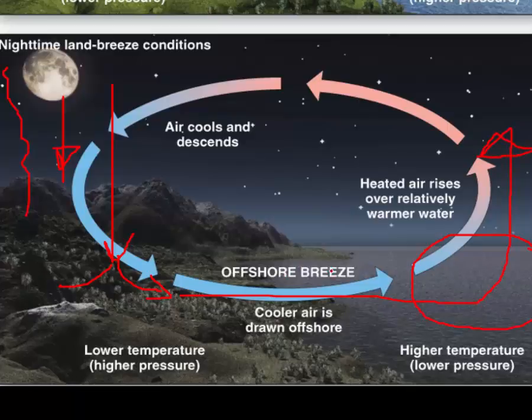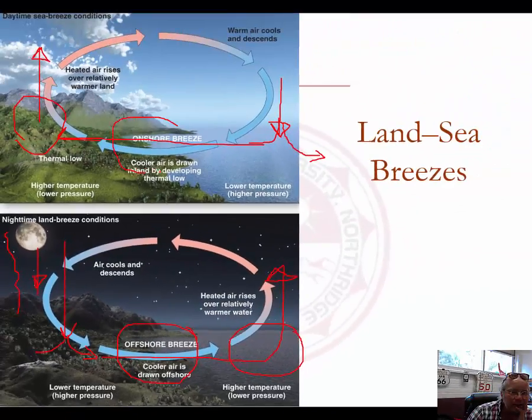If you're standing on the beach, you should feel a land breeze during the night and a sea breeze during the day. Keep this in mind because this pattern is very important if you live in California when you want to understand Santa Ana wind.